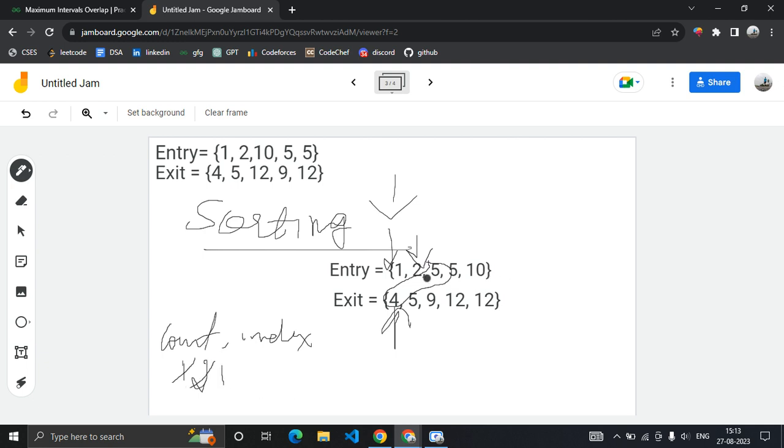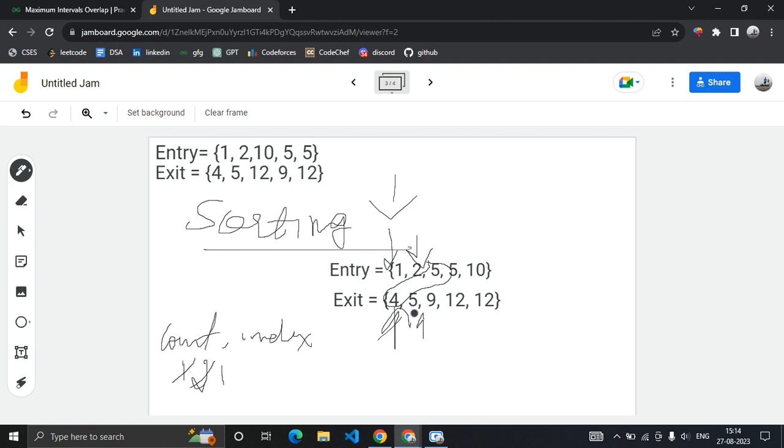Now we'll increment the exit pointer by 1 and check whether 5 is lesser than or equal to 5. Yes, it is lesser than or equal to 5.